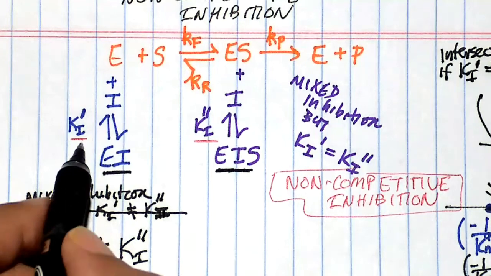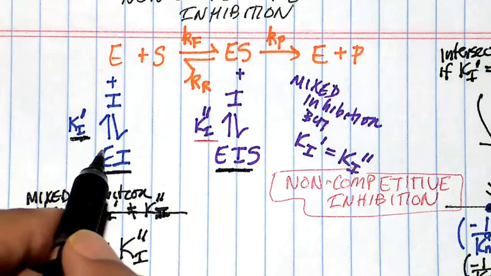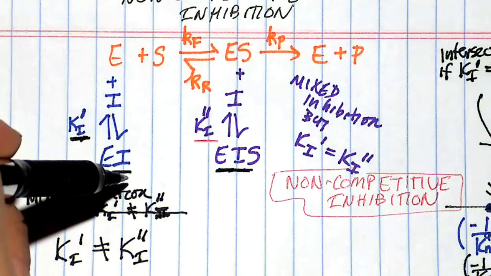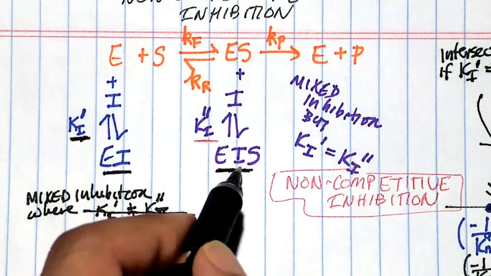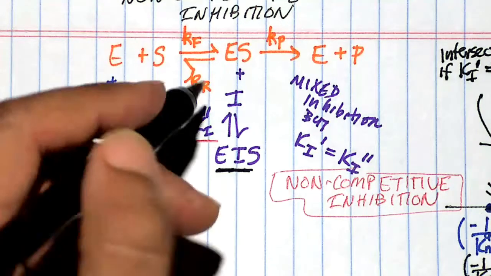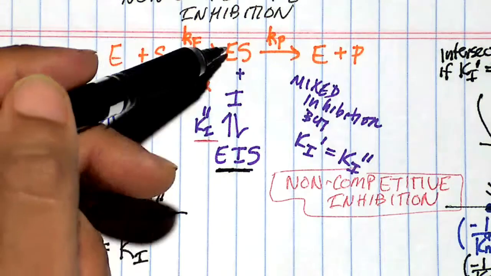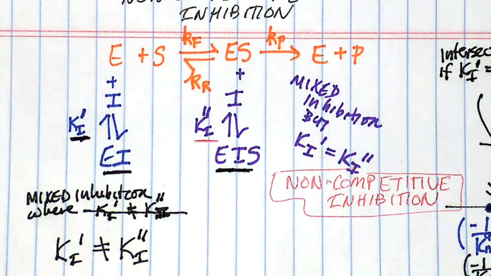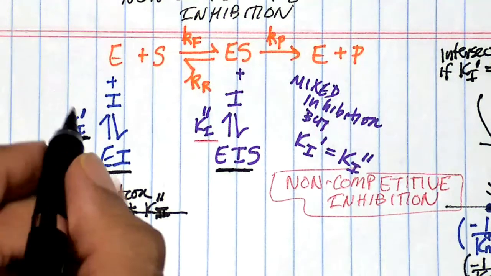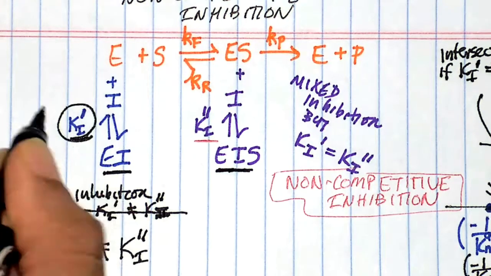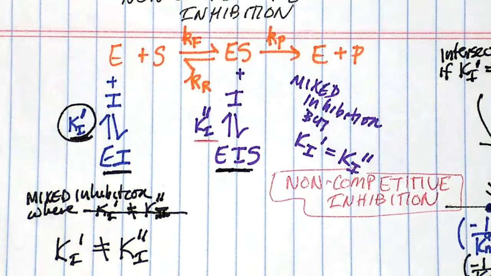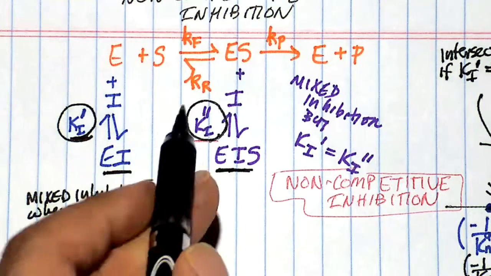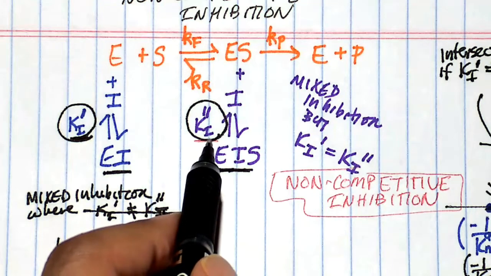So a low dissociation constant for Ki prime implies that this will have more of a competitive inhibitor in it, or a low dissociation constant for Ki double prime would mean that this enzyme would have more uncompetitive qualities to it. So depending on which varies, your Km can increase, that is, if your mixed inhibitor has a low Ki prime. Or your Km can decrease if your mixed inhibitor has a low Ki double prime.